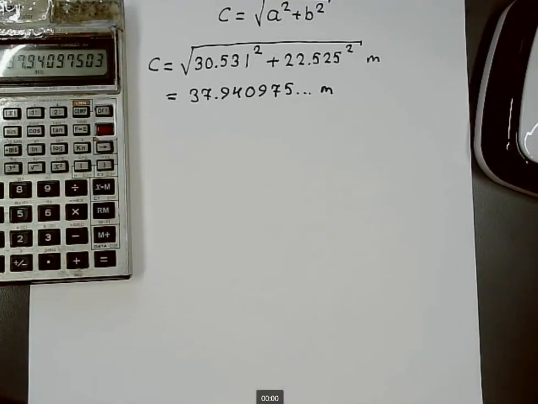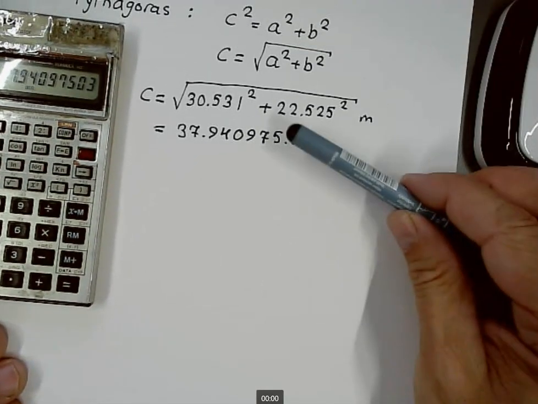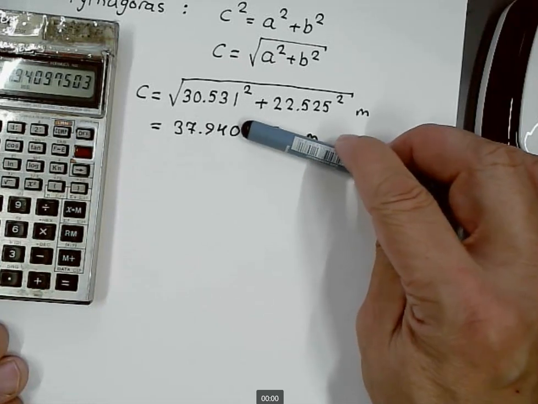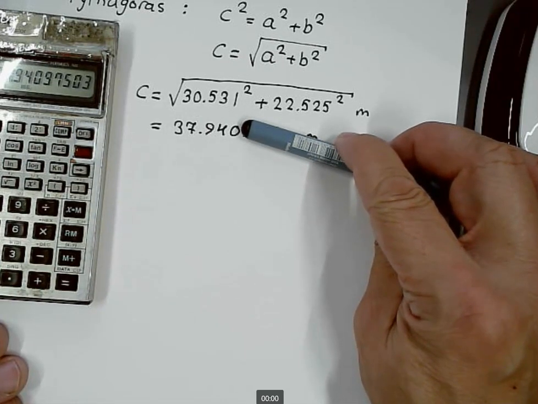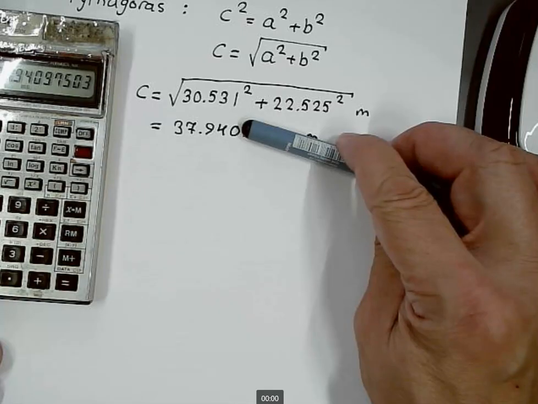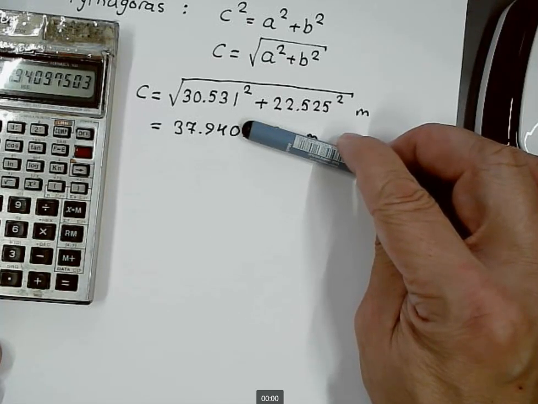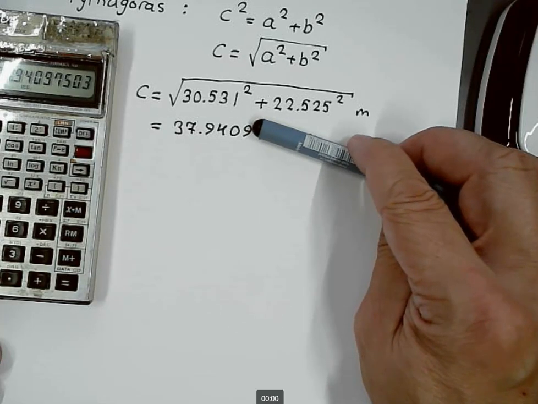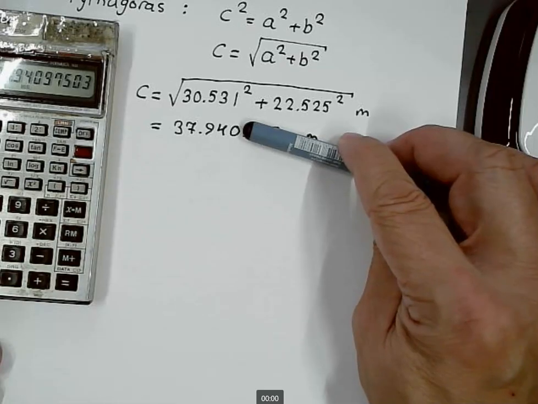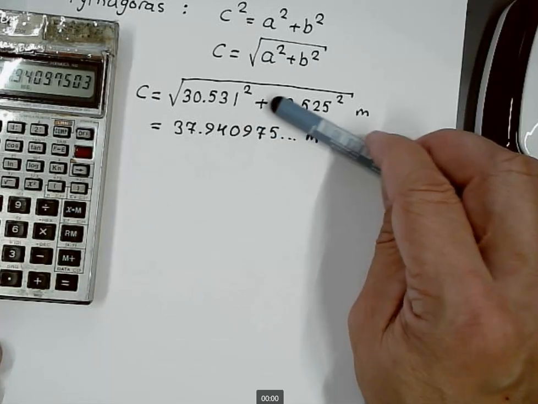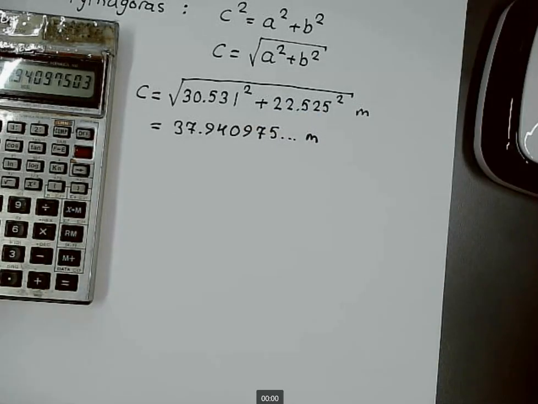So now 3 decimals is here, three figures after the point, and now the next figure is 9 and it rounds this number up. So it won't be 940 but 941 because of that 9 there.